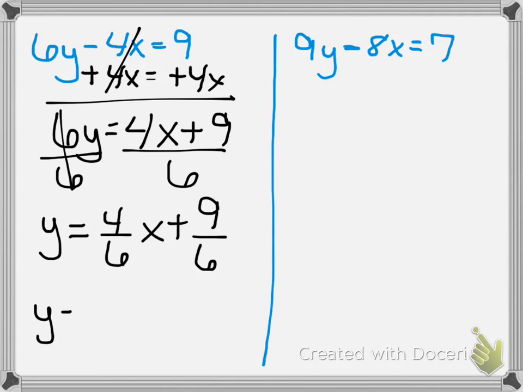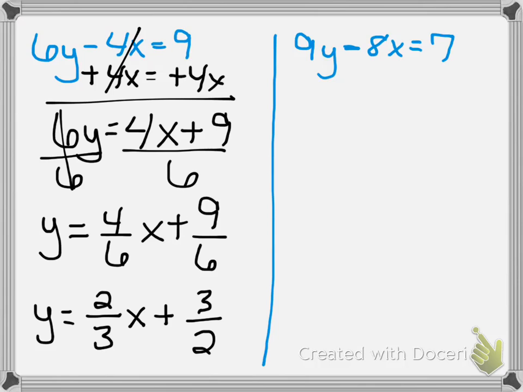In this case, each one reduces. So 2 goes into 4 twice and into 6 3 times. I'm going to keep my x. I'm going to keep my positive sign. 3 goes into 9 3 times, and 3 goes into 6 2 times. So again, my m, or my slope, is 2/3. And my b, or my y-intercept, is 3/2.